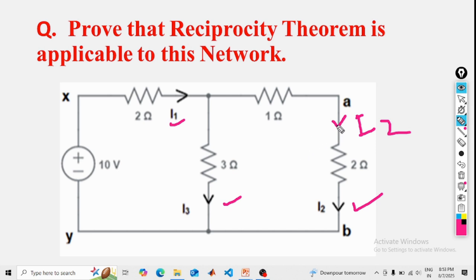After that, the 10 volt source will come here, and we will calculate the current through X and Y, and we will see that the two currents are the same. This is the reciprocity theorem. We will go step by step, no problem.